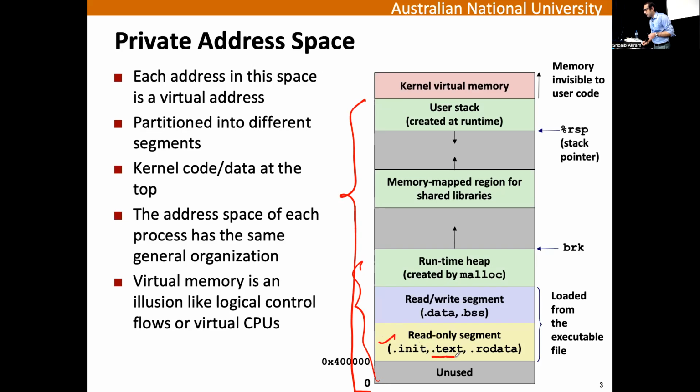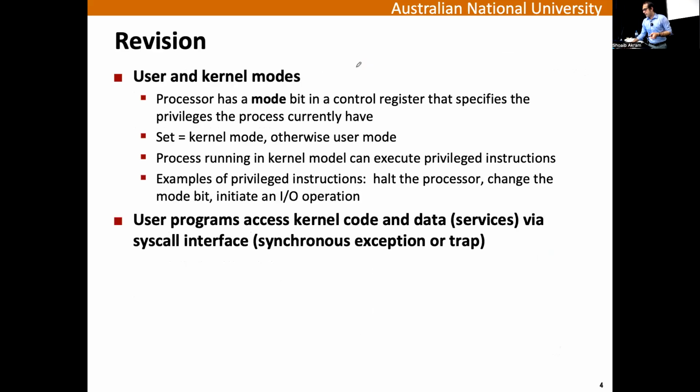Historically, we place the code in the text segment. When there's a switch to kernel mode, you're running the code somewhere in this little area. So this is a very clean interface, this division between user mode and kernel mode.